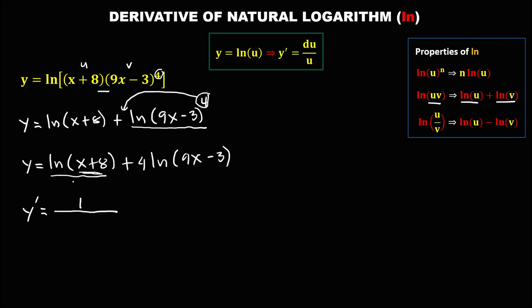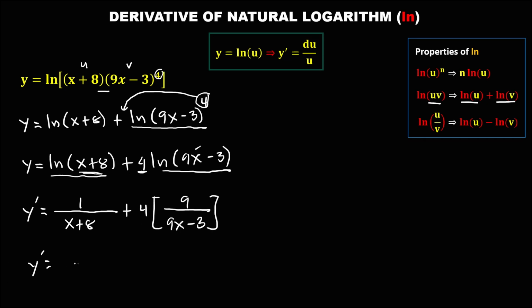The derivative of x is 1, then x plus 8, then plus, just bring down this constant. Then the derivative of ln 9x minus 3, so the derivative of 9x, that's 9, then we have 9x minus 3.